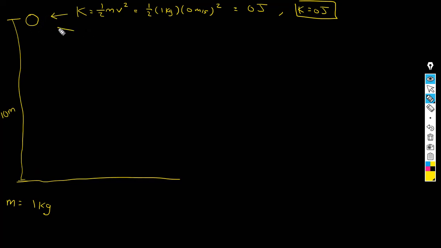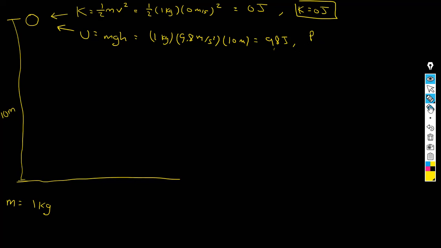Now let's do the same for its potential energy. Its potential energy is the mass times g times the height. So let's substitute. Its mass is 1 kilogram, g is 9.8 meters per second squared, and the height is 10 meters. When you calculate all of this, I'm going to give you some seconds, do it. You will get 98 joules.